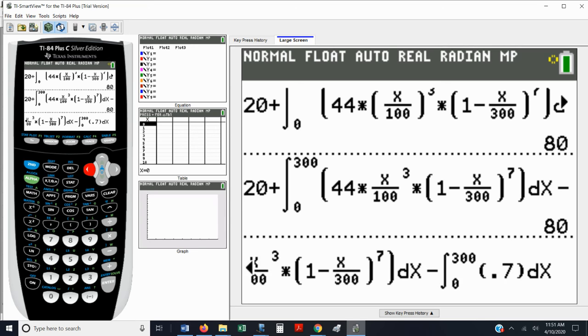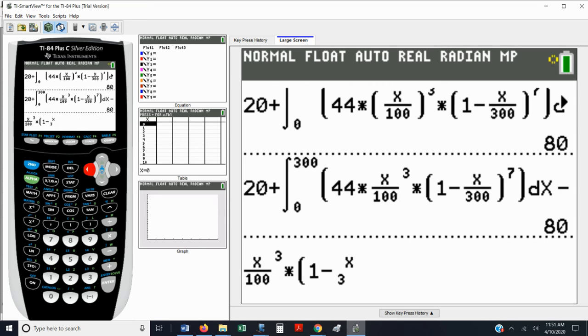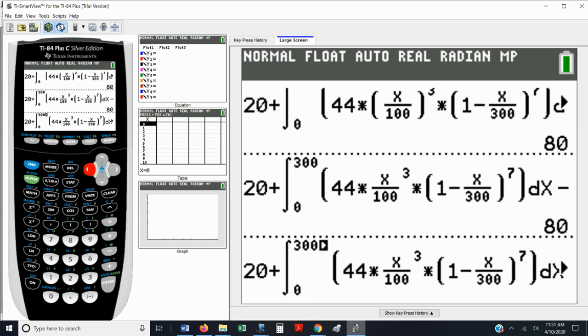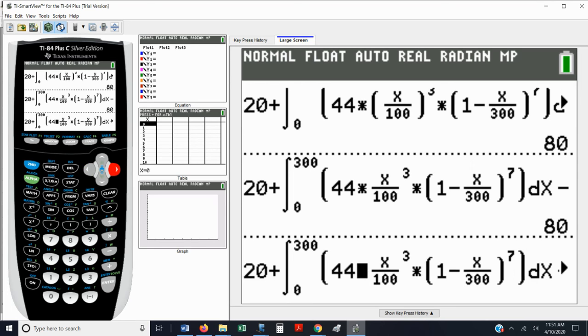So I started with the 20 people that were in line already. That's there at the beginning. Adding 0 to 300, this is the r of t function. Those are x values, how I'm typing them in the calculator, and then that would be a dx at the end. And then finally, the minus sign.